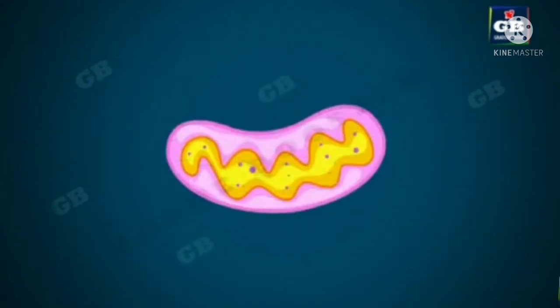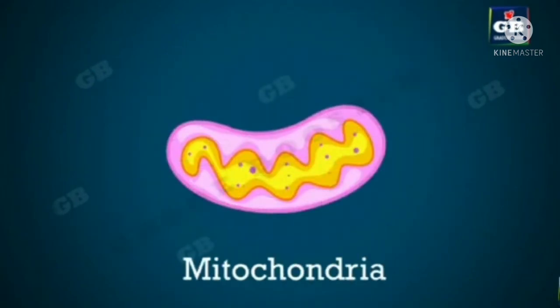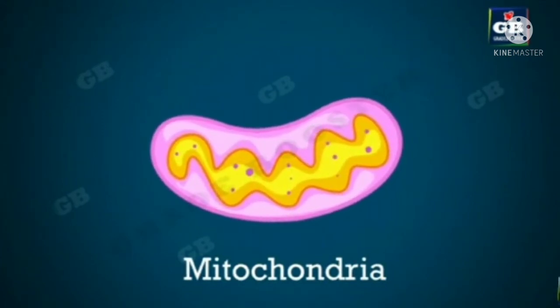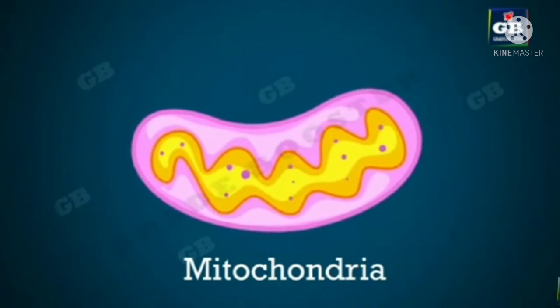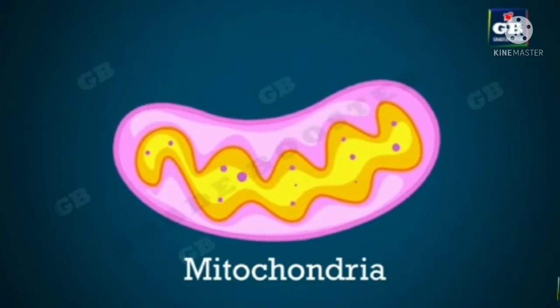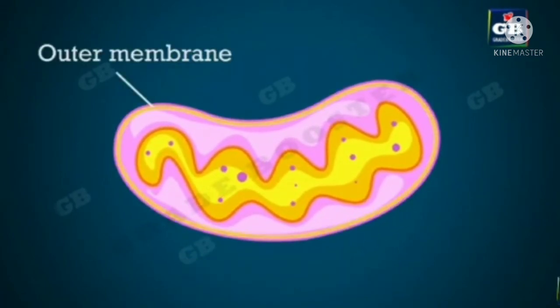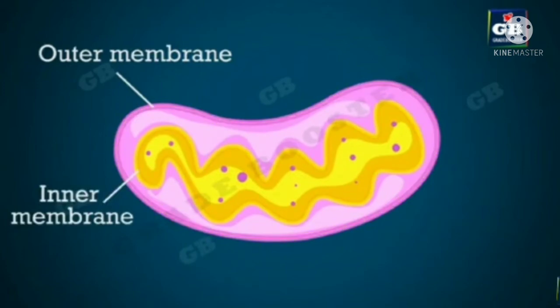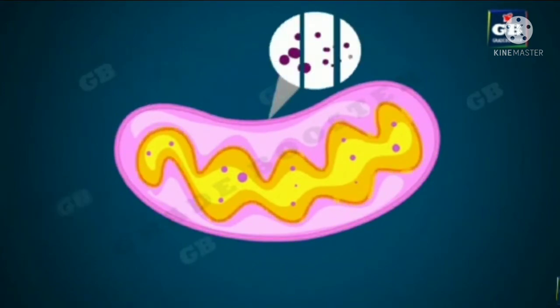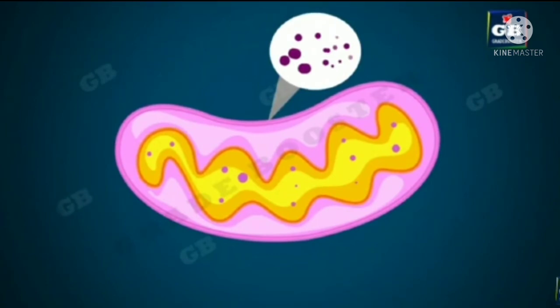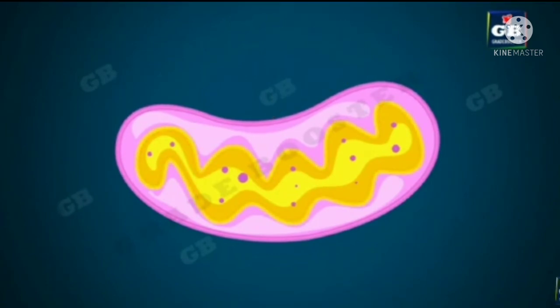So children, follow this video carefully. The mitochondria are double-membraned organelles. Each mitochondrion has two membranes: one is the outer membrane and the other is the inner membrane. The outer membrane is porous, that means it has pores.